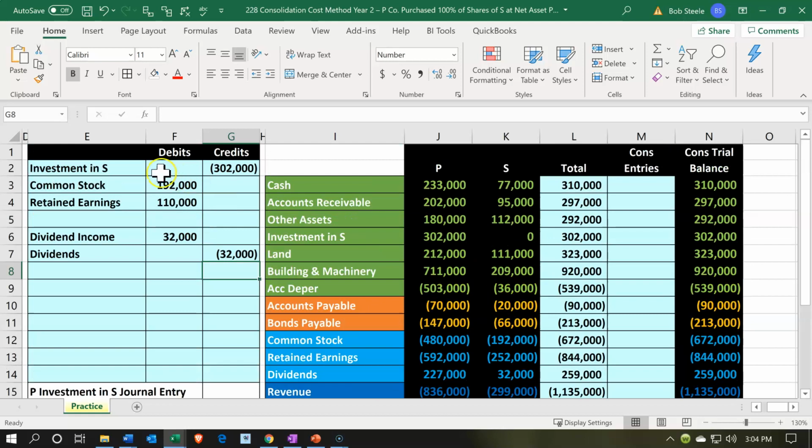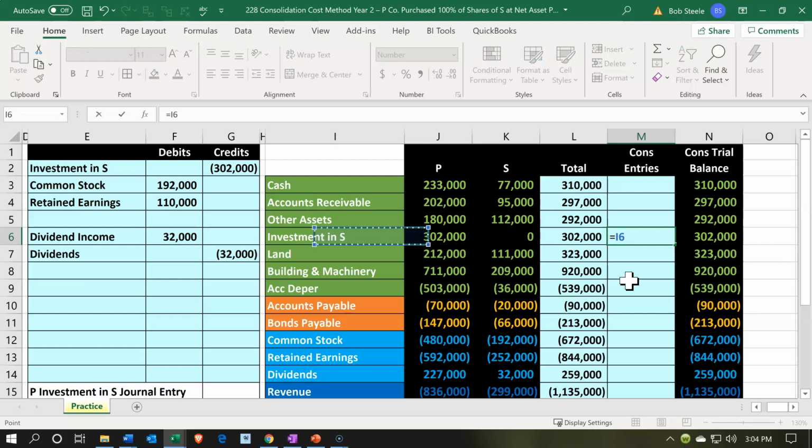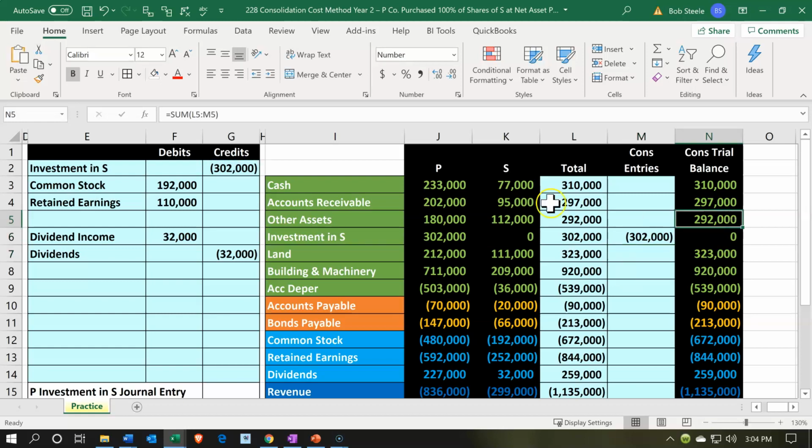Now let's post these out and see if it makes sense. We're going to say, all right, here's the investment in S. Let's go ahead and post that out into our consolidation entries column here. I'm going to say that needs to be eliminated. There's the credit. That should bring it down to 0, so that looks good.